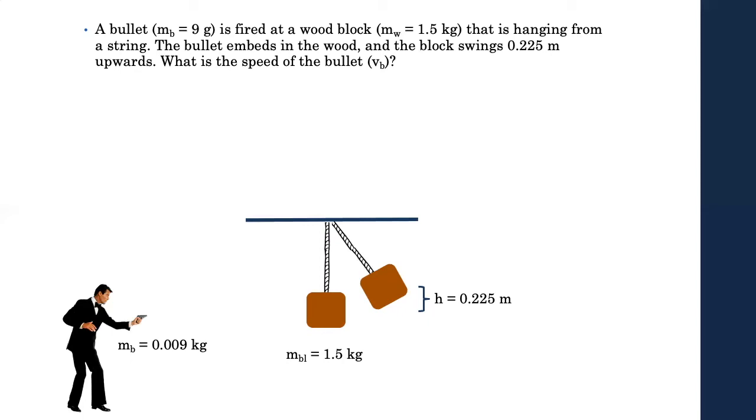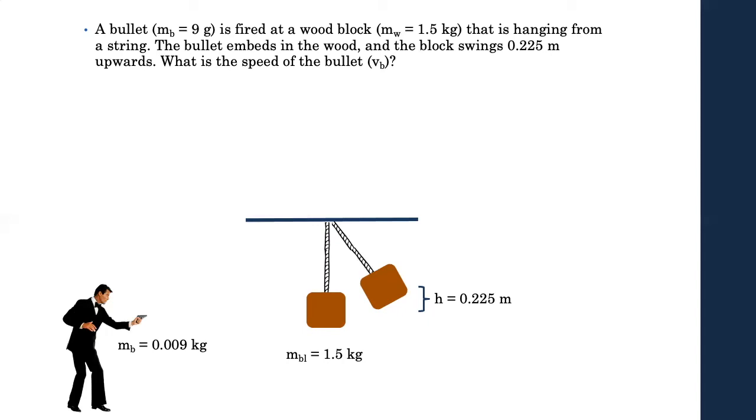That is the peak of its swing. So you can determine the speed at which the block swings based on the gravitational potential energy when it reaches that apex. And then from that, you can find the speed of the bullet.